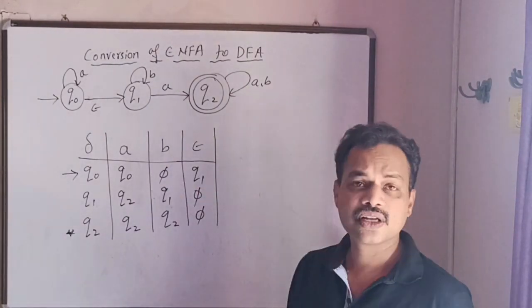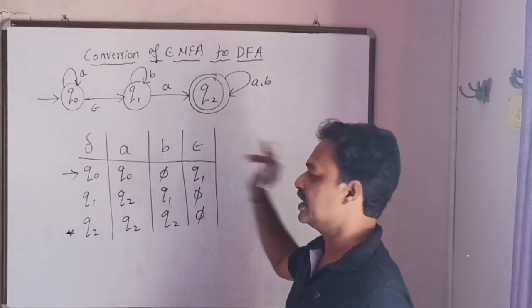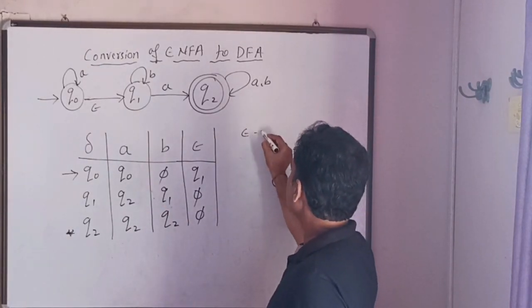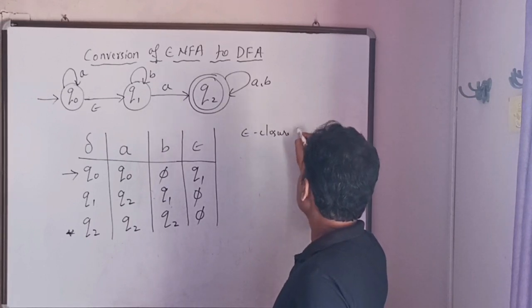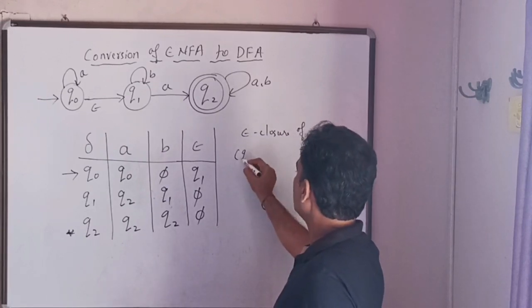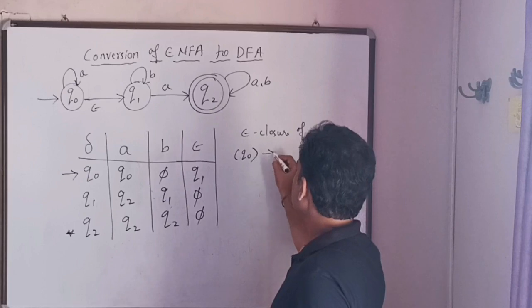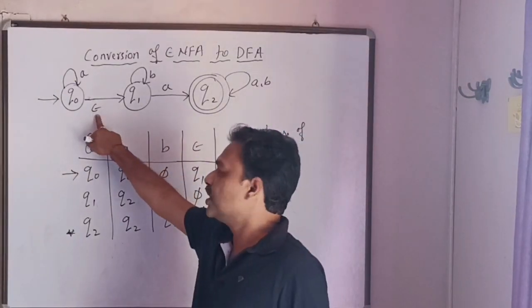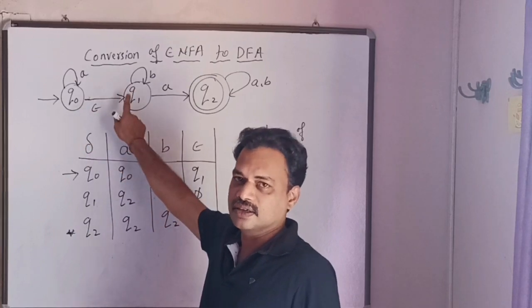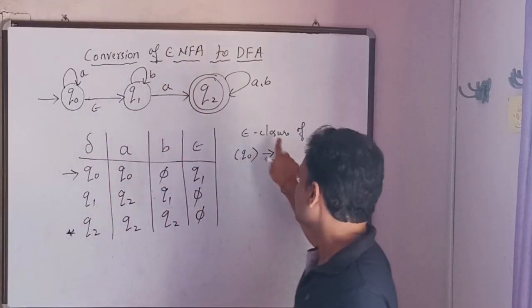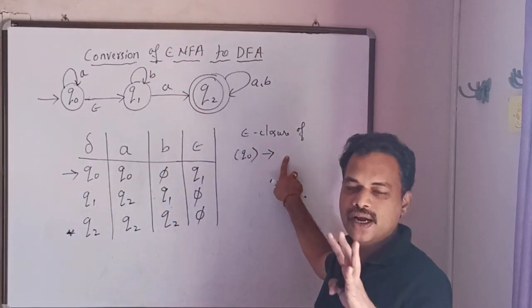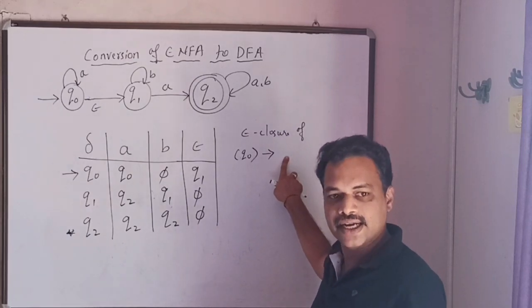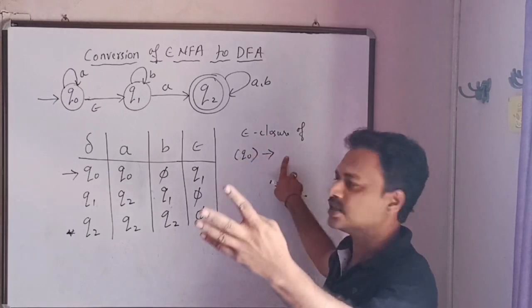Next we need to find out epsilon closure of each state. We can write like this: epsilon closure of Q0 is. Now what is this epsilon closure? On epsilon, if it takes a transition from some state to some state, we are supposed to write it over here. By default, epsilon closure of any state is that state itself union other states.